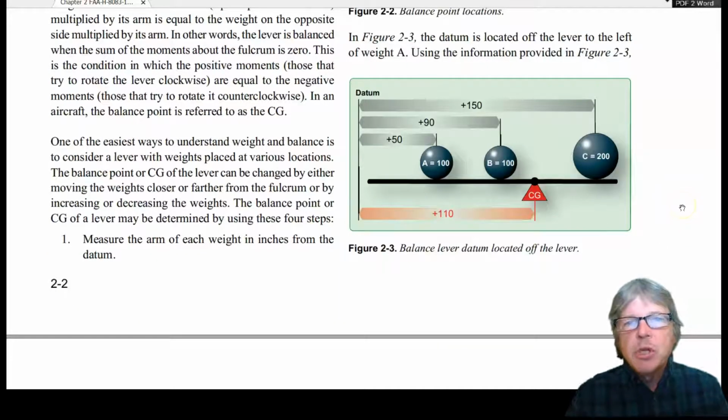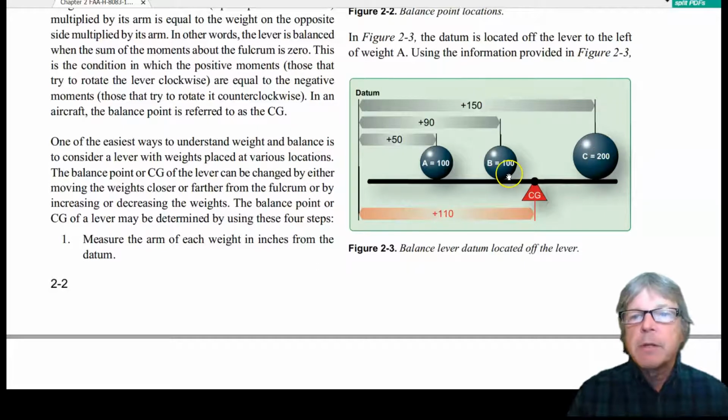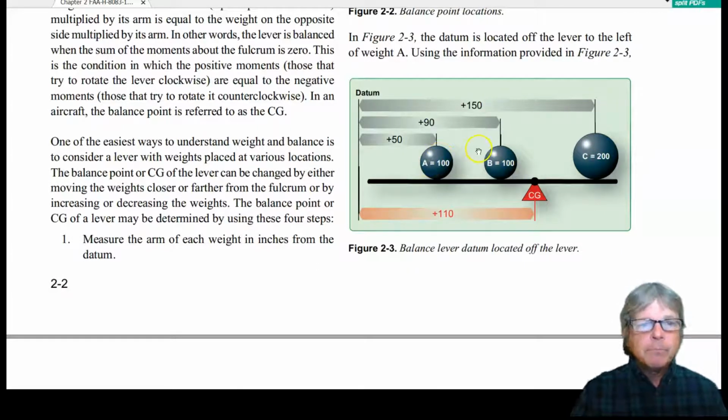In the next figure, they've added more things to it, so we've got two 100-pound weights and a 200-pound weight on here. Now they should balance. If we've got 200 on one side and 200 on the other side, it should balance, but they're at different locations. So mathematically, we're going to do the math. Now look here: they made the datum not the pivot point.